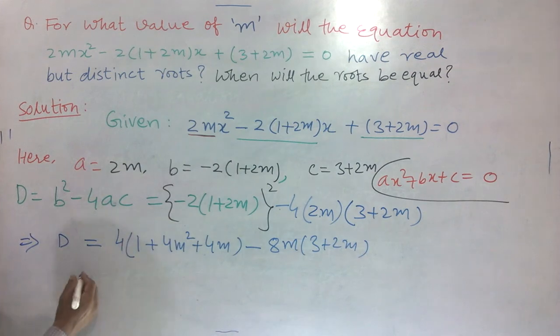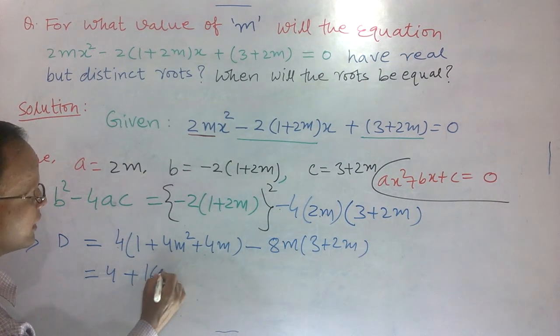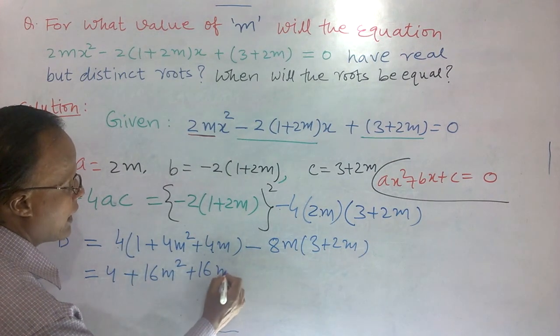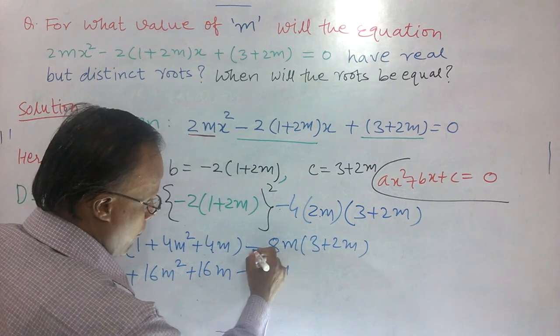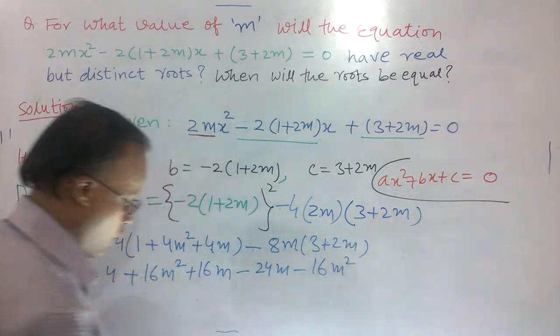and again simplify it. So this is equal to 4 plus 4 fours are 16 m square plus 4 fours are 16 again m minus 8 threes are 24 minus plus minus 8 twos are 16 m square.